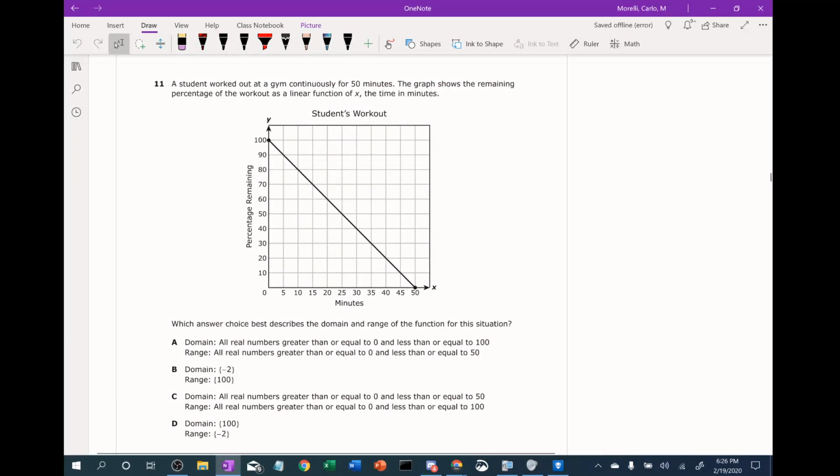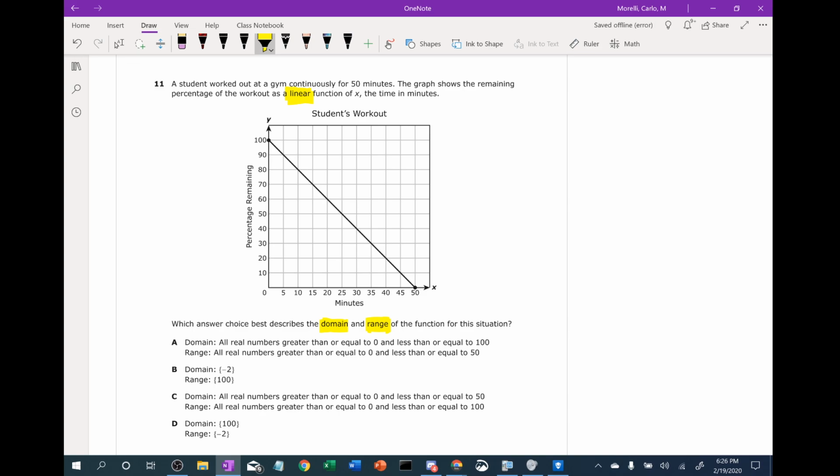A student worked out at the gym continuously for 50 minutes. The graph shows the remaining percentage of the workout as a linear function of x. Okay, so linear is an important word. I don't know what else will be important, but I know that linear is very important. So it's linear. Which answer choice best describes the domain and range of the function for this situation?